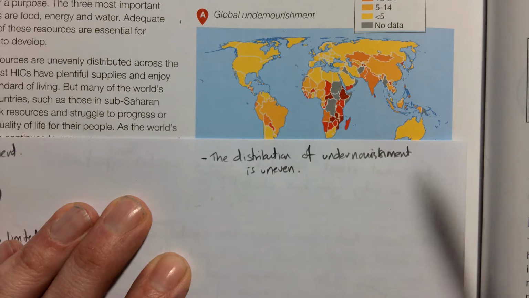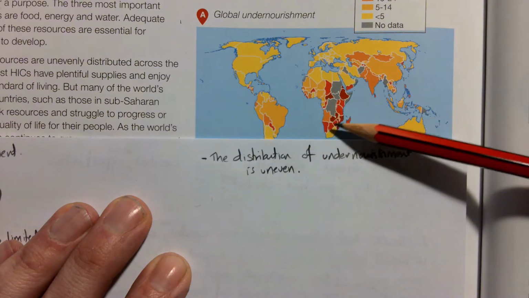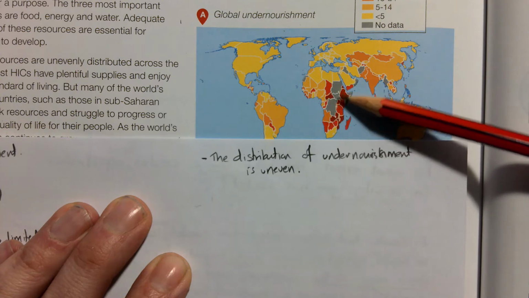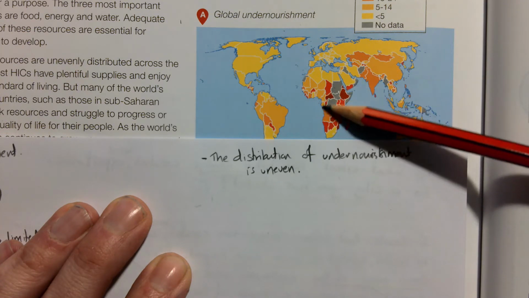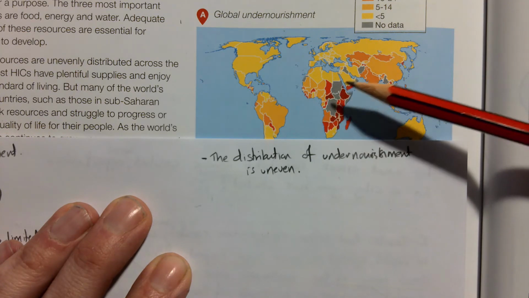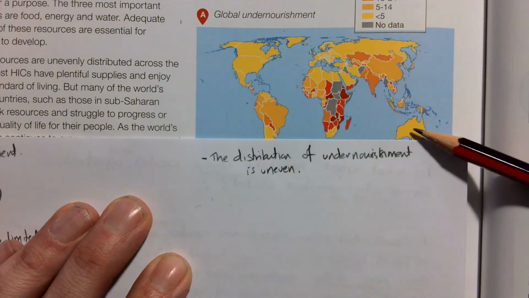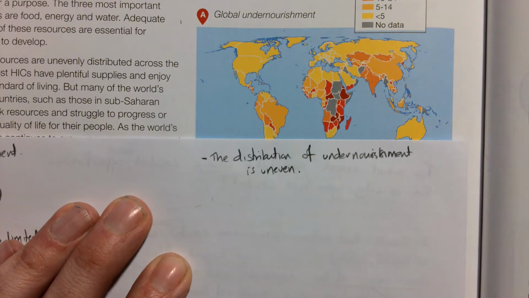We can see that because we've got clearly a high concentration, or high percentages, of undernourishment here in Africa, whereas in other parts of the world, like North America, Europe, Russia, Oceania, we have low levels of undernourishment. And that's what's required for us to say next. We need to point out that pattern.